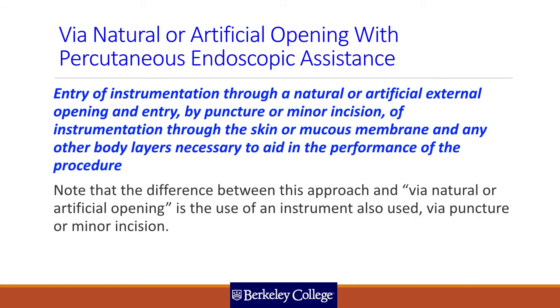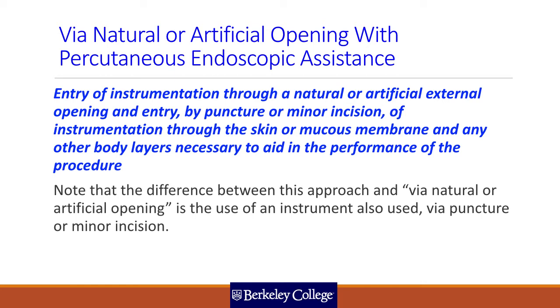Via natural or artificial opening with percutaneous endoscopic assistance, this is a 2-for-1. So, for example, one of the most common of these dual approach procedures is when a physician is inserting a feeding tube into a patient's stomach.